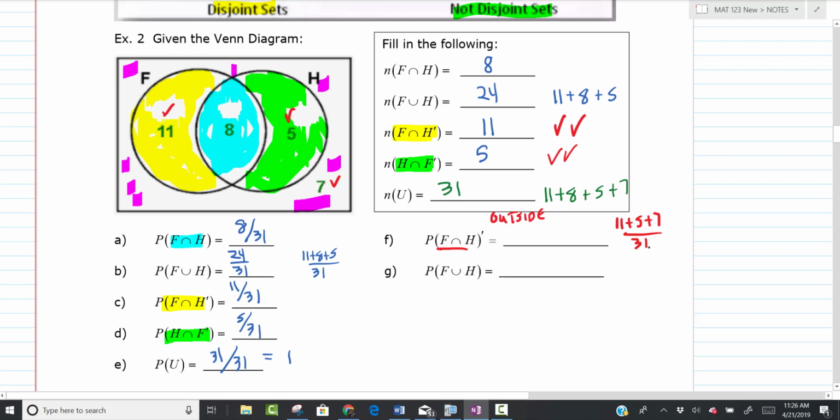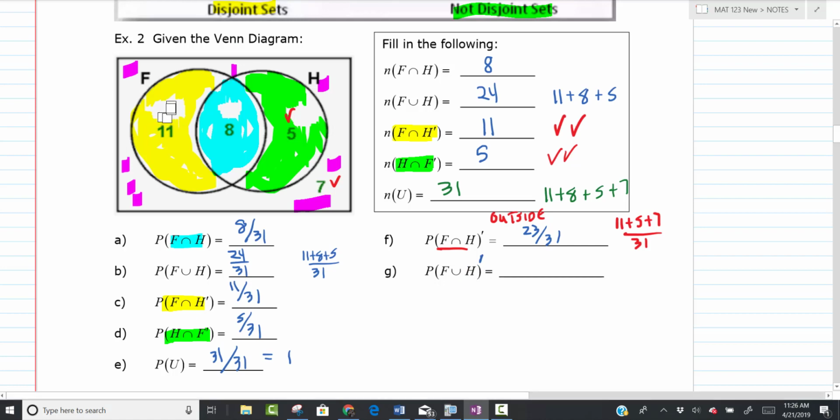That's 16 plus 7, 23 out of 31. Not 21, 31. So 23 out of 31. And then the next one, I think I have a typo on this. The next one, I intended to have that.